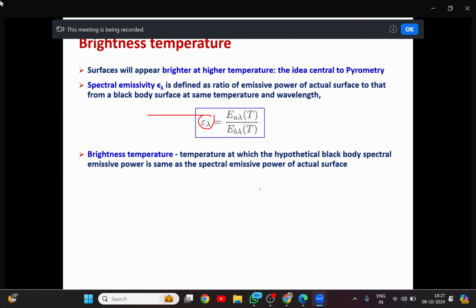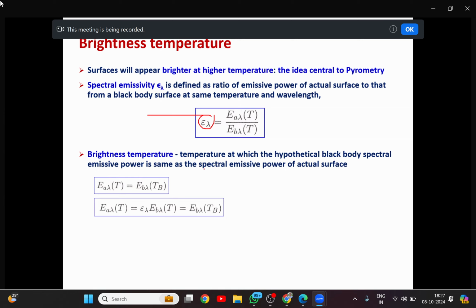Your object A is at some temperature T1. At what temperature will a black body give away the same emissive power? That temperature of the black body is known as brightness temperature. So basically, the emissive power of an actual surface at some lambda at some temperature should be equal to the emissive power of a black body at that wavelength at some temperature, and that temperature is the brightness temperature.